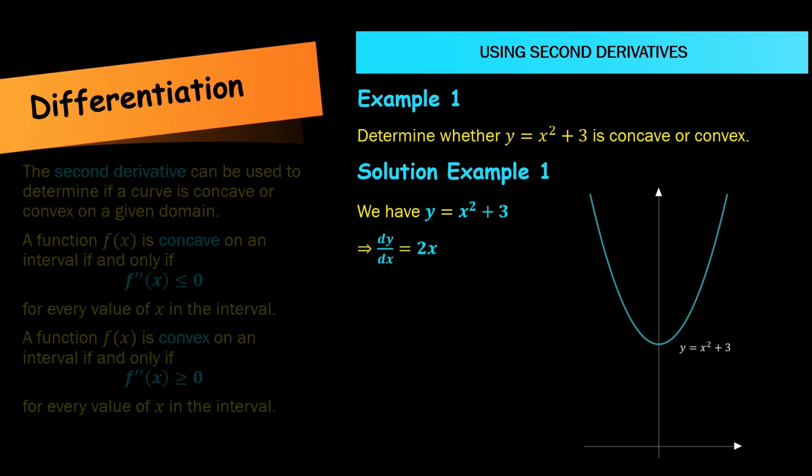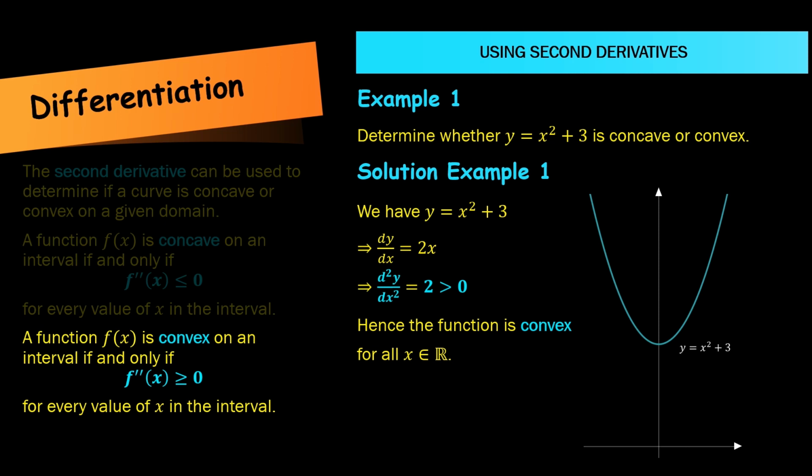This implies that dy dx equals 2x, and d2y dx squared is equal to 2. Since d2y dx squared is greater than 0, we know that the function is a convex function for all x in the real numbers.